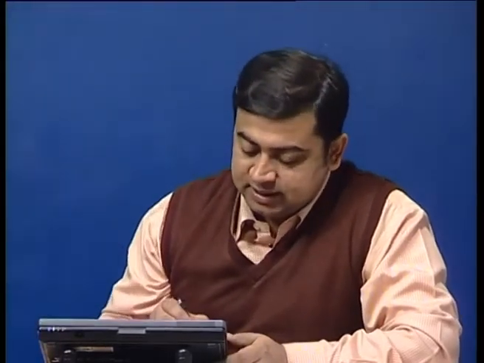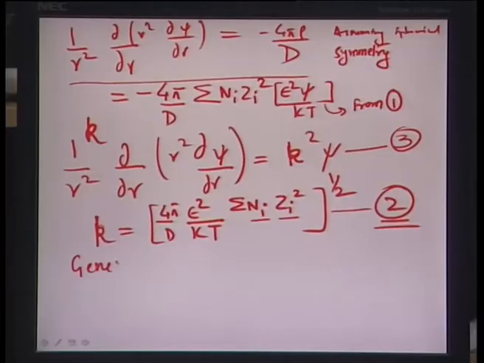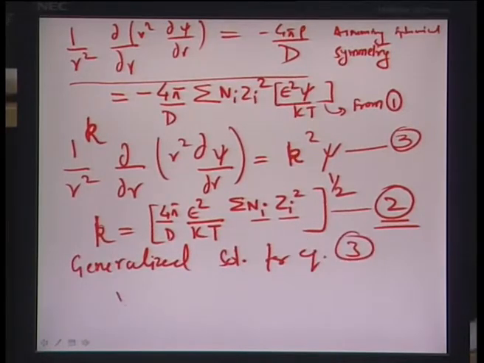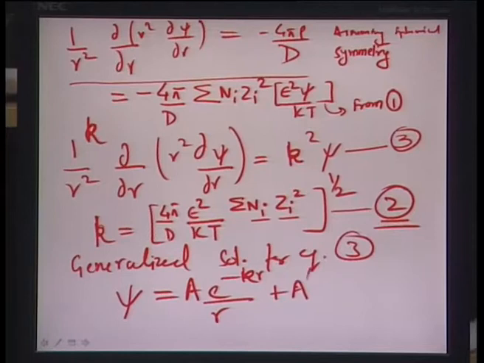In this case, the generalized solution for equation 3 comes out to be phi equals A e to the power of minus k r by r, plus A dash e to the power of k r by r.